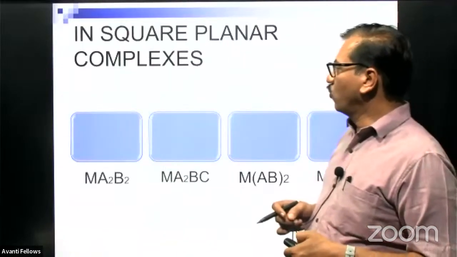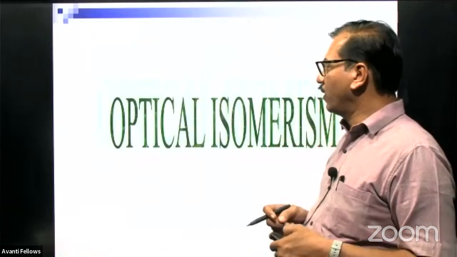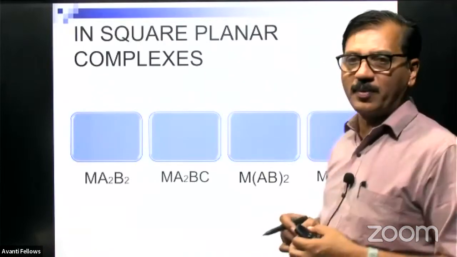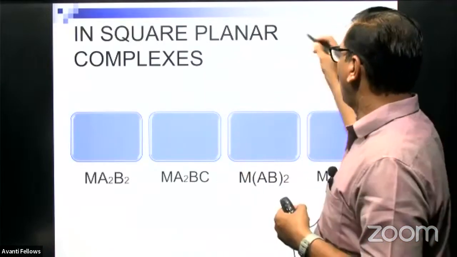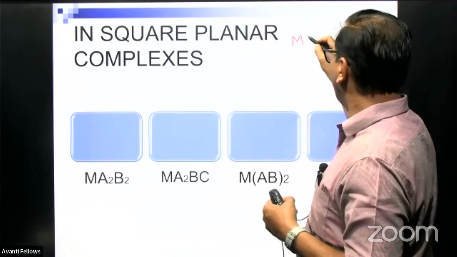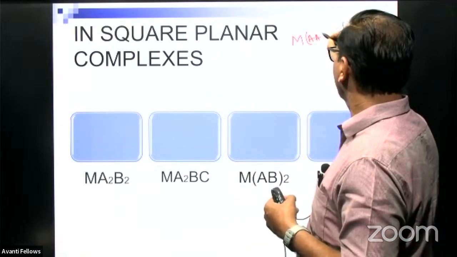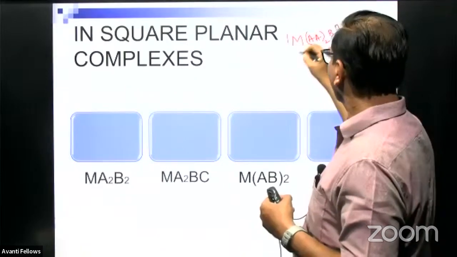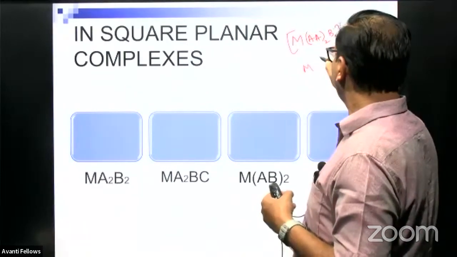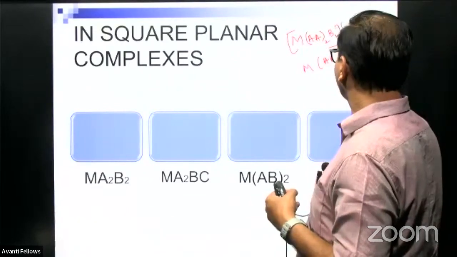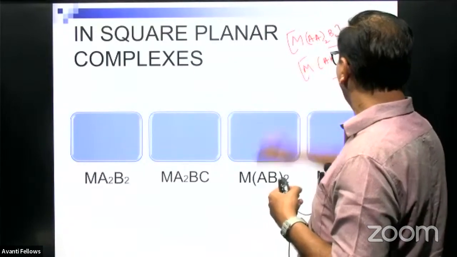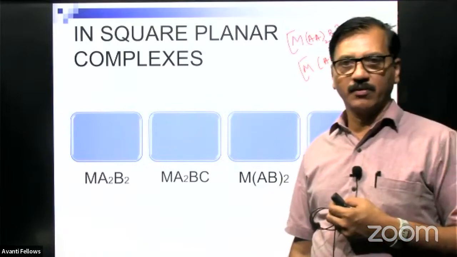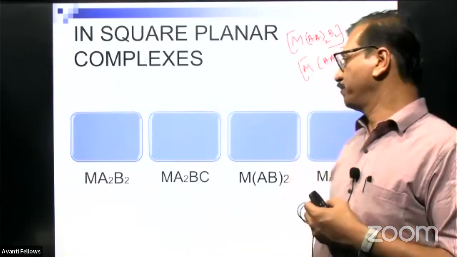There are only a few optically active compounds. Optically active compounds are of the type MAA2B2 or MAA3. These are the two types which show optical isomerism.